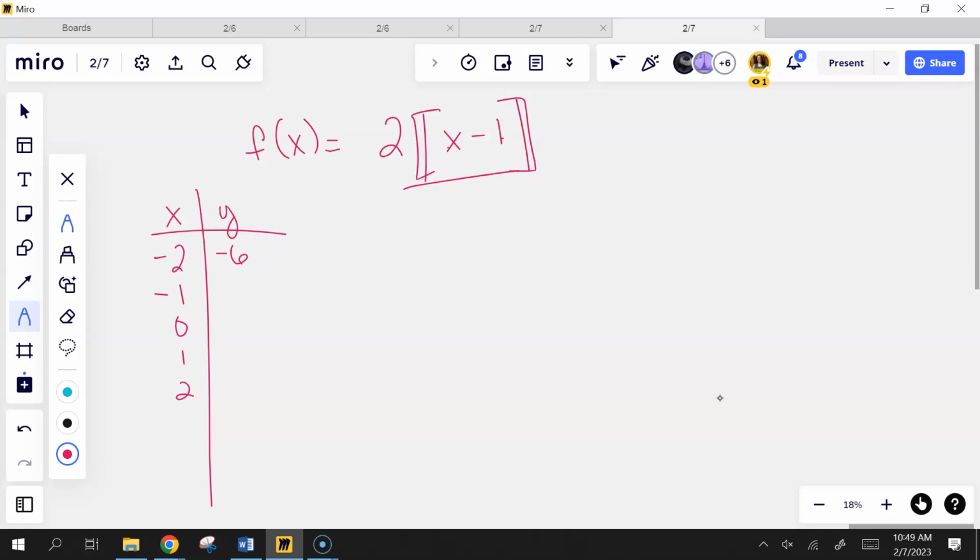What do you get when you plug -1 in? I'm plugging in this equation right up here. So 2 times -2 minus 1. Okay. Do the same with -1 and tell me what you get.